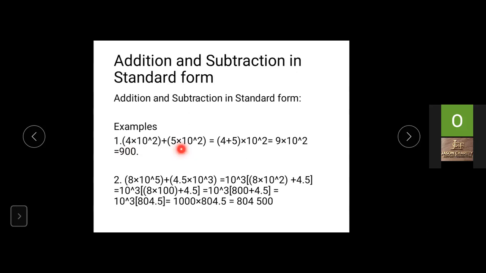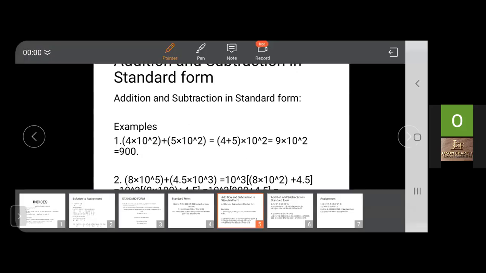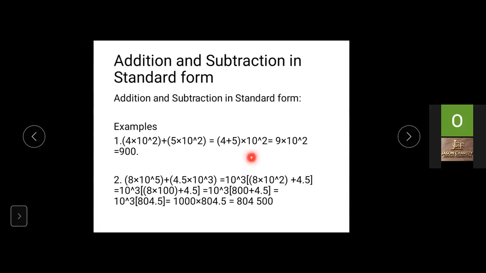That means the power in the first bracket and the power in the second bracket are the same. So we can just bring out what is common to both brackets. We have 10 raised to the power of 2 common to both brackets.